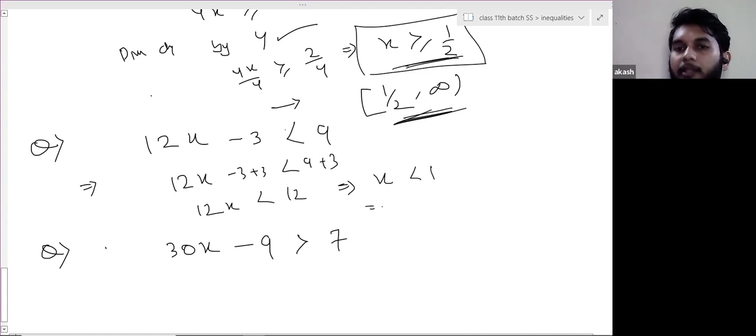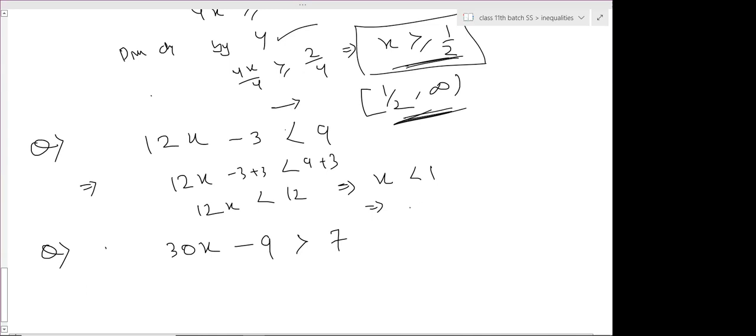So in interval form, Iram, can you tell me what will be the answer here? Yes, 1 comma infinity.